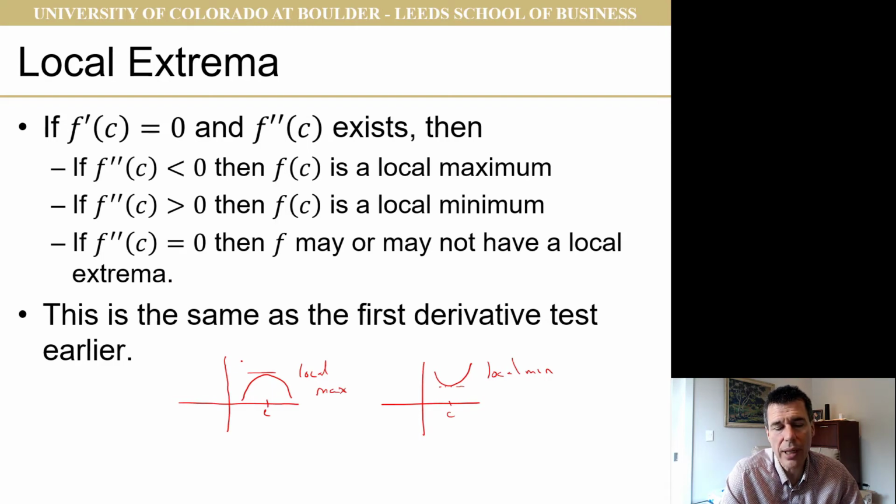We don't know what happens, whether the function is concave down and stays concave down, whether the function is concave up and stays concave up, or you could be in a situation where the function is concave up and switches to concave down. And then you've got neither a local max nor a local min.